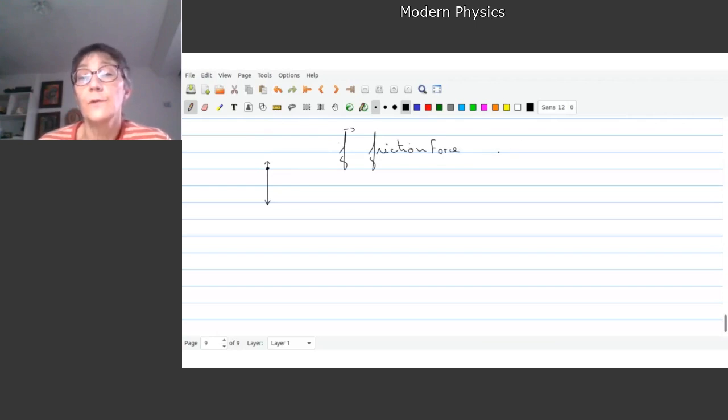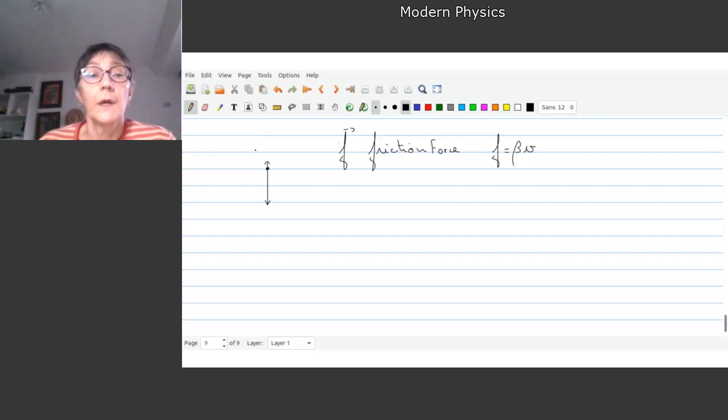For small velocities, we can write that F, the modulus of this force, is proportional to the velocity, and you will have a coefficient here, I will call it beta.